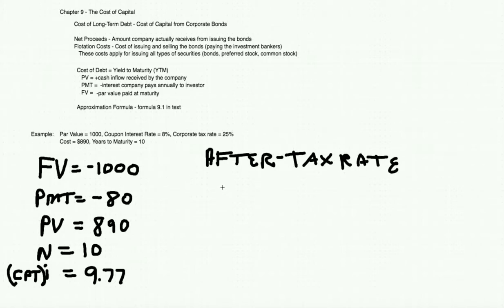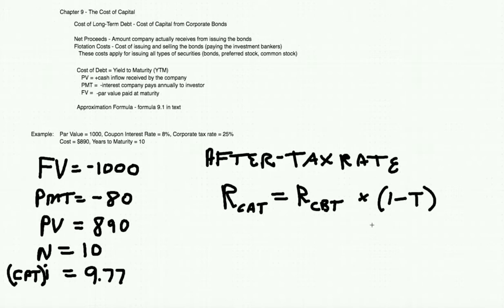And to do that, what we'll do is just simply take this: the rate of corporate bonds after tax is going to be equal to the rate of the bonds before tax times 1 minus the tax rate. So 1 minus t, where t is equal to the tax rate.